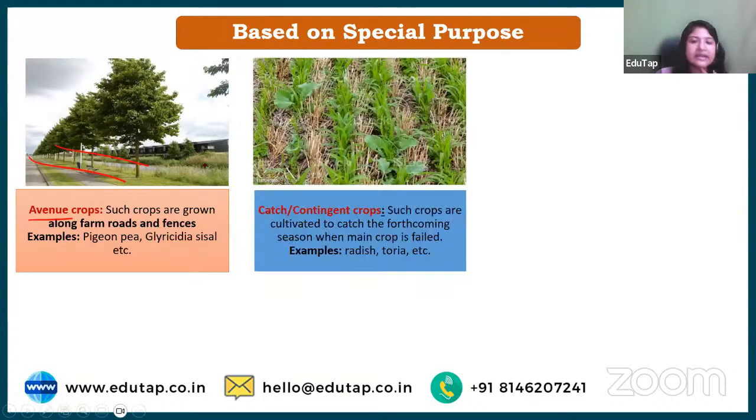Next we have catch or contingent crops. What is this catch? Like you are trying to catch something to protect something. Contingent basically means an emergency, in the case of some emergency. Such crops have very short duration, and these are grown at the times when the main crop has failed to grow.